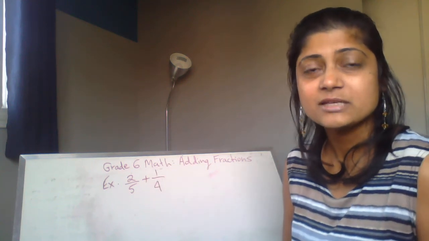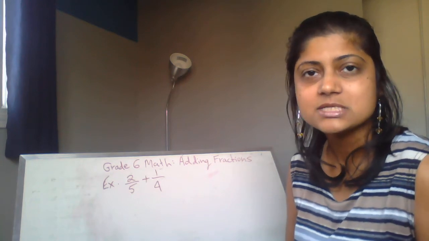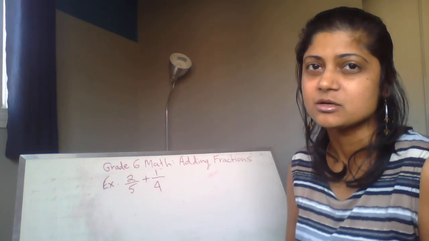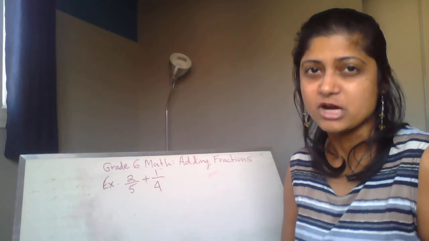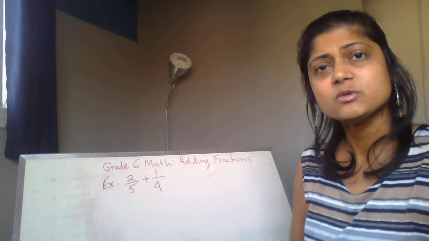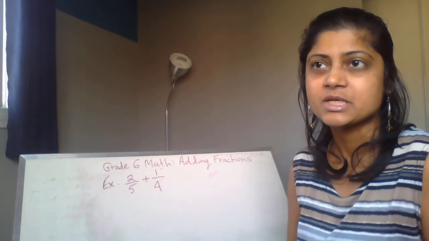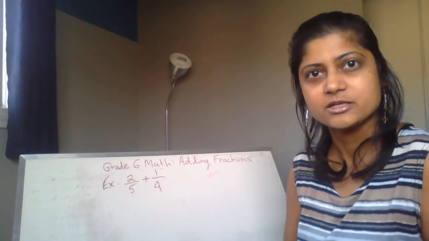Okay, so when I look at both of these denominators, it's 5 and 4. I noticed that I can't get a common denominator by just multiplying one of the fractions. I have to multiply both of them. When you're looking for the common denominator here, think of it as multiplying the denominators by each other.